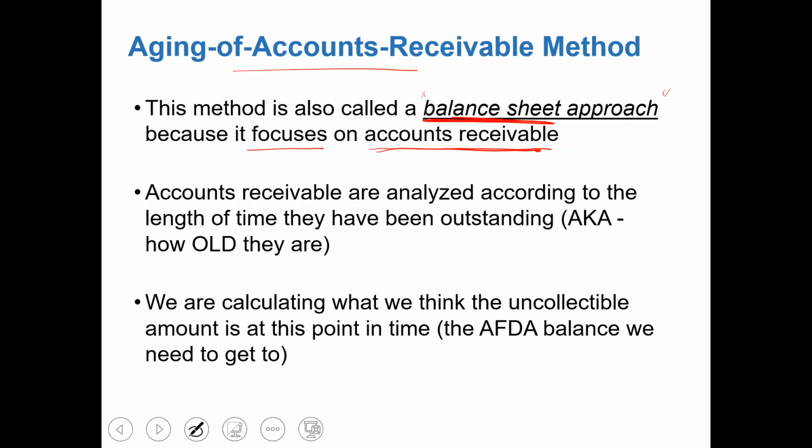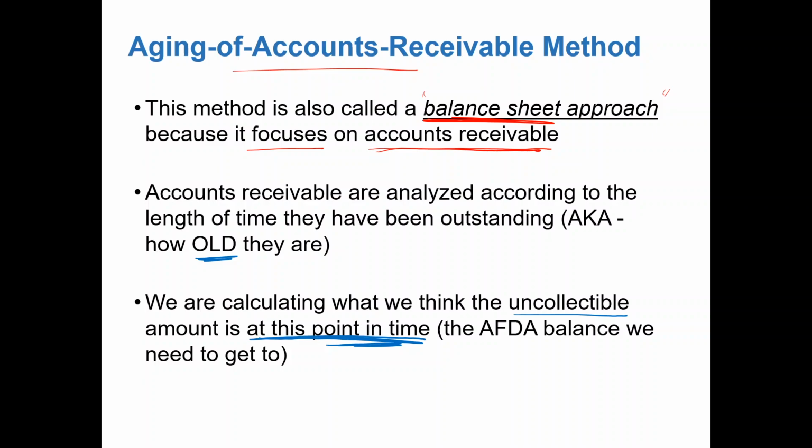Okay, so here accounts receivable are analyzed according to the length of time they've been outstanding, or how old they are. So we're going to look at an aging schedule of accounts receivable and look at their age, and based on that, we will calculate the amount that we think is uncollectible at that point in time. So at the end of each reporting period, we're looking at AR at that point in time, and therefore we're calculating the uncollectible amount at that point in time.